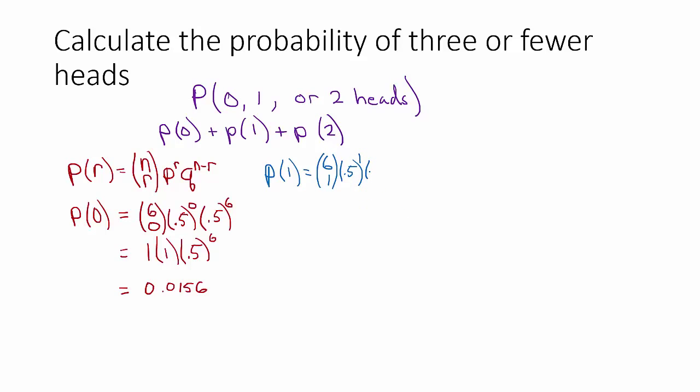Then the probability of failure is still a half, and now we have 5 failures. When we look at the combination for 6 choose 1, we see that you can choose 1 in 6 ways. You have a half to the first power, or just a half, and then a half to the 5th power. So the probability that you'll get 1 out of 6 is going to be about 9.38%.